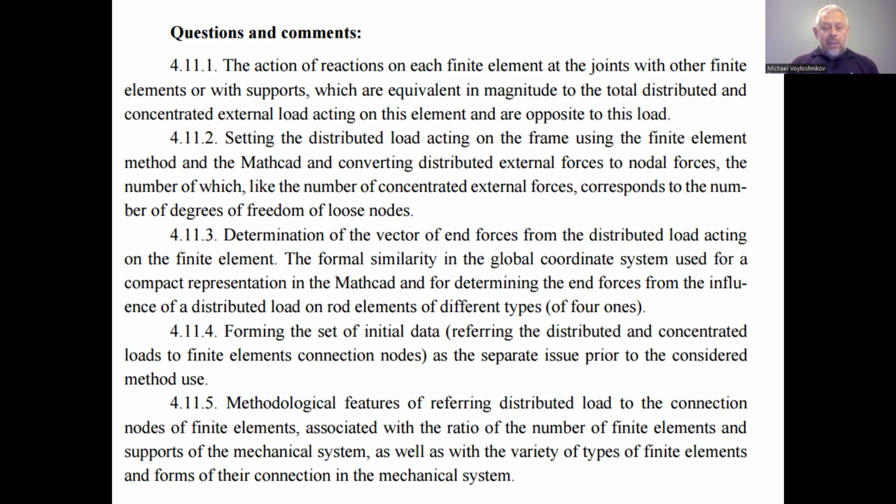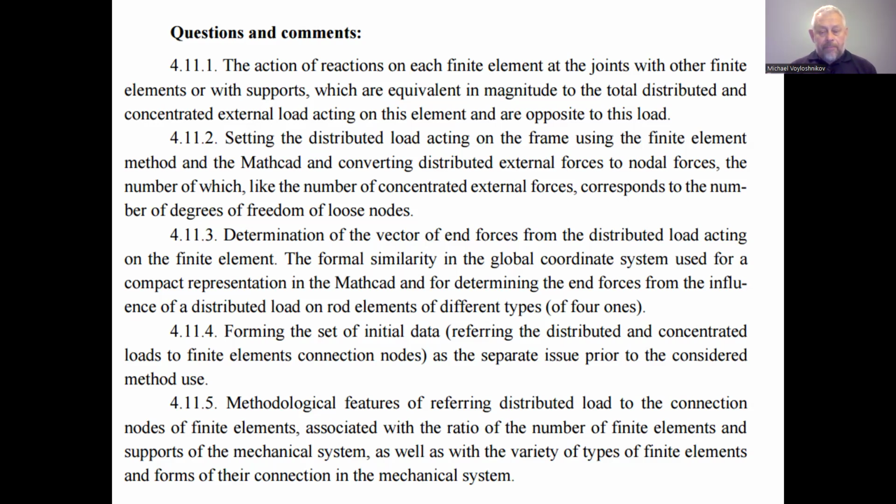4.11.2. Setting the distributed load acting on the frame using the finite element method and Mathcad, and converting the distributed external forces to nodal forces, the number of which, like the number of concentrated external forces, corresponds to the number of degrees of freedom of loose nodes.